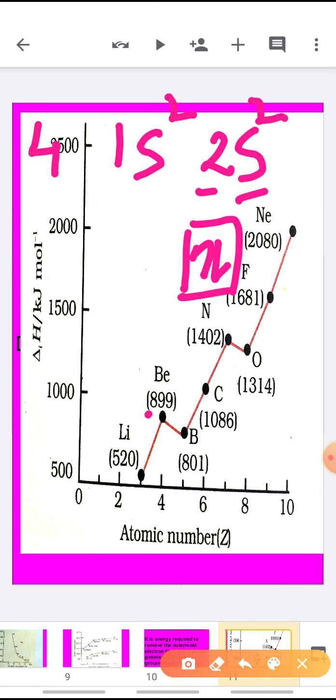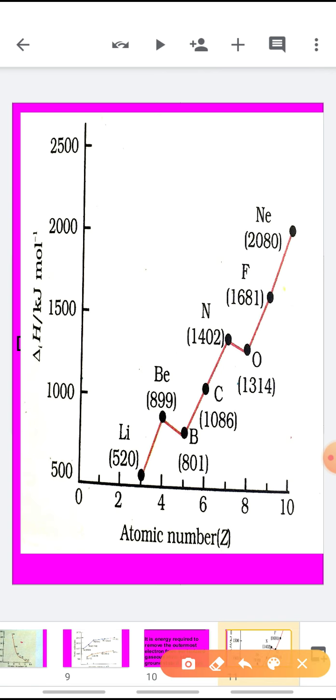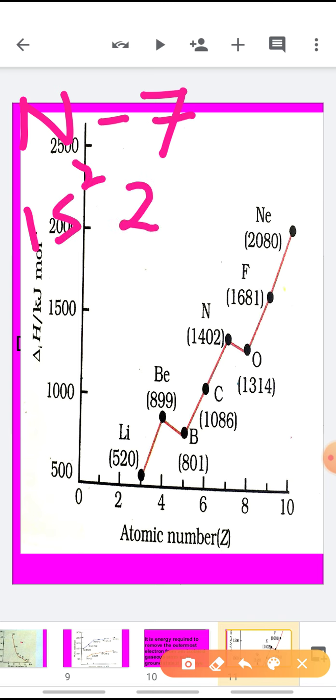After that, it again follows the normal trend up to nitrogen, but for oxygen it is less. Why is it very high for nitrogen? Again, the same reason: for nitrogen the atomic number is 7 and the configuration is 1s2, 2s2, 2p3.